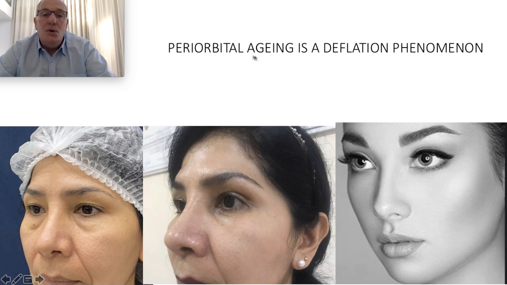Here I write: periorbital aging is a deflation phenomenon. This deflation in this person is not only from the aging process, it is a racial process. Many young patients have this, and in all these patients I need to produce malar volumization to have this result. But few patients understand this concept.